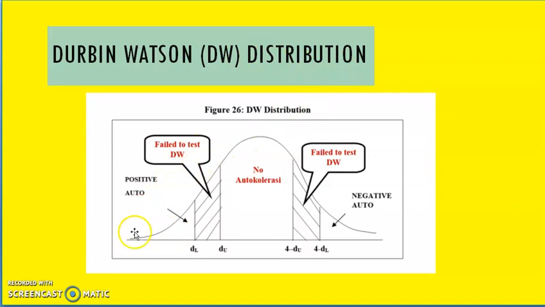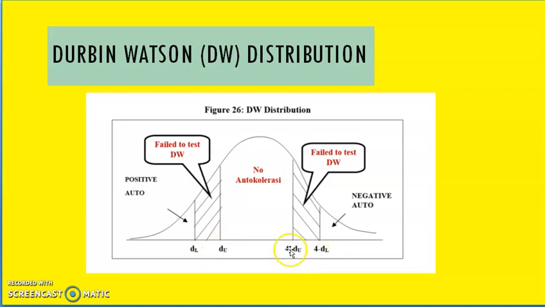You must make sure that you know how to draw or sketch the Durbin-Watson distribution correctly, where we divide the distribution into a few sections. The first one, we put dl, du, 4 minus du, and 4 minus dl.